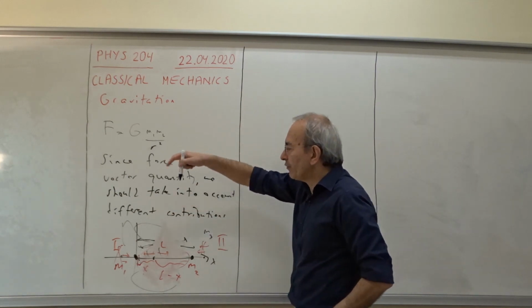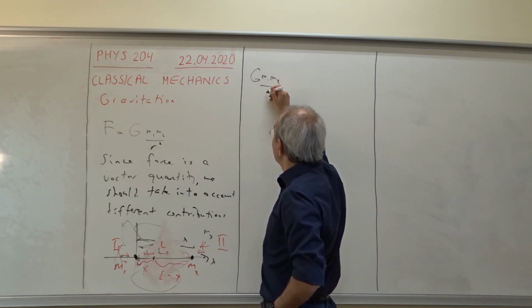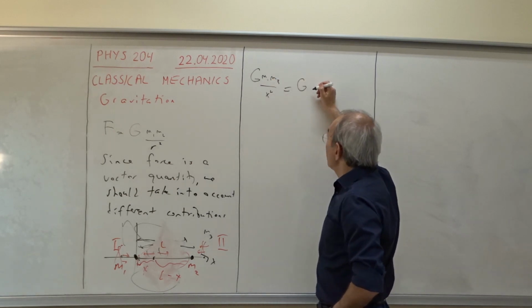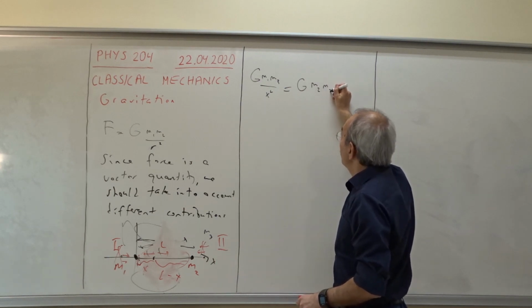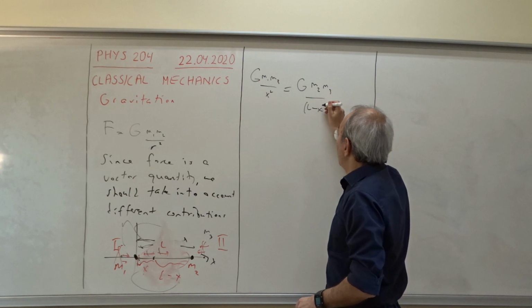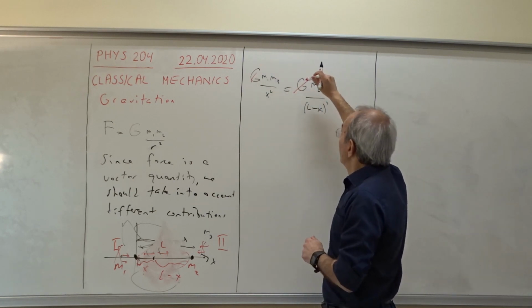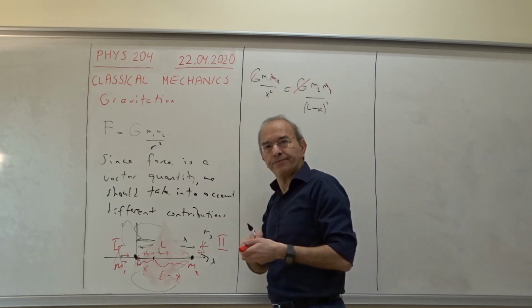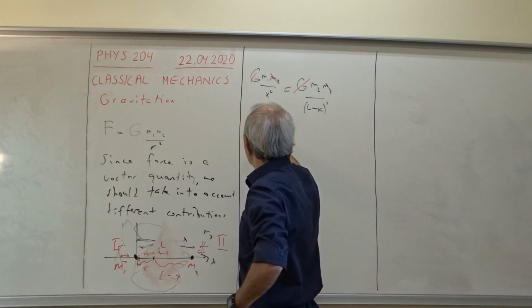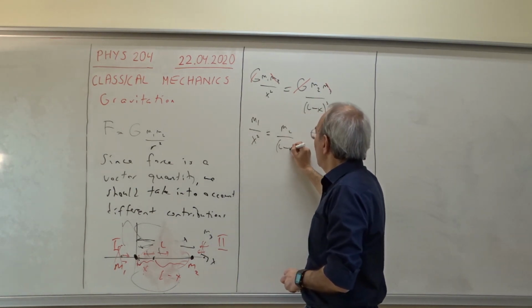So this leftward force will be capital G, M1 and M3 divided by x squared, and the other one is G, this time the other object M2 and the third object M3, divided by L minus x squared. If we cancel these G's and M3's, we have a certain ratio. That ratio is M1 over x squared, M2 over L minus x squared.